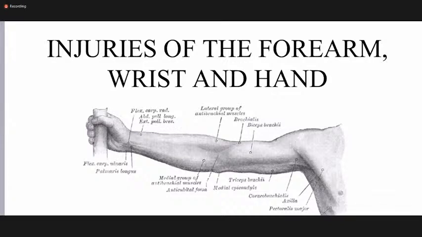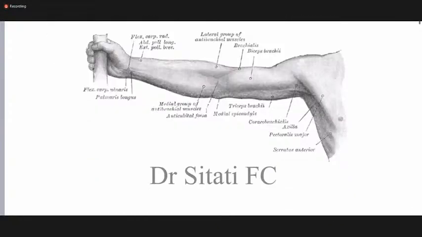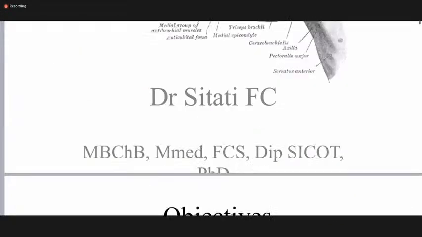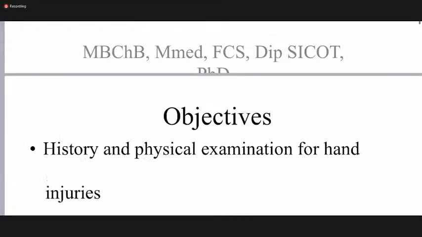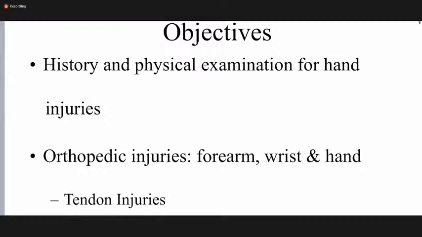Sorry for that delay. My name is Dr. Sitati. I'm a senior lecturer in the Department of Orthopedic Surgery. So we'll briefly go through injuries of the forearm, wrist, and hand. Our first objective is to look at history and physical examination for hand injuries.